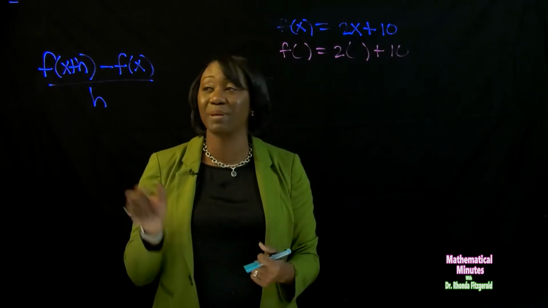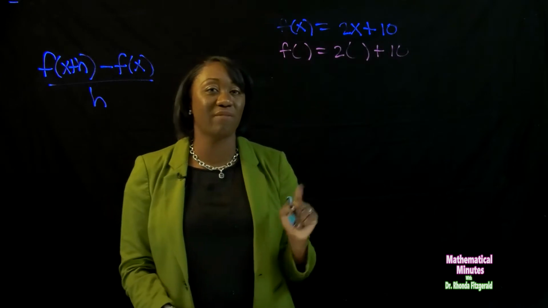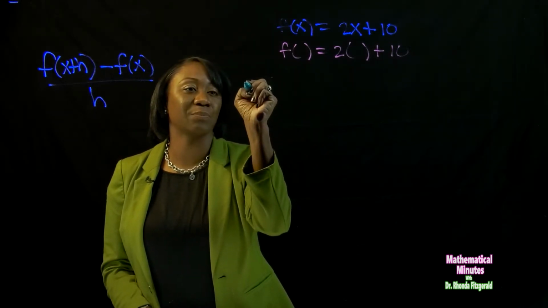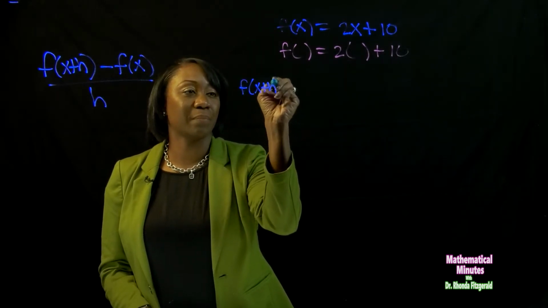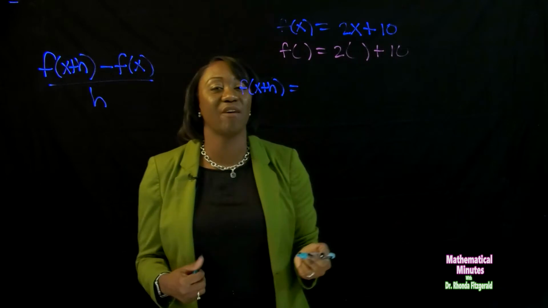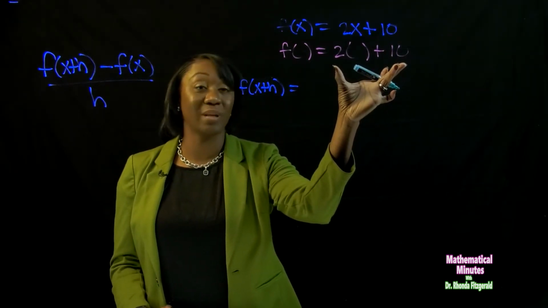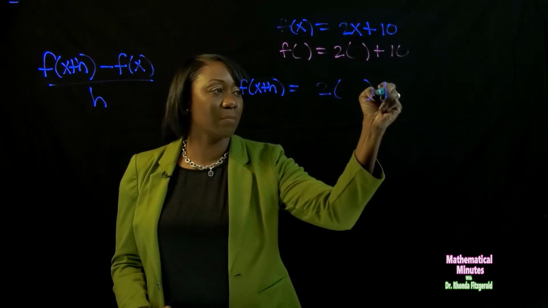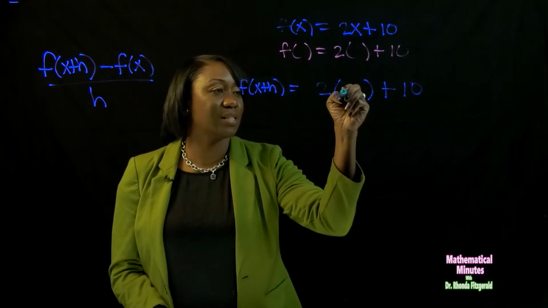So the very first piece that I'm going to find is my f of x plus h. That's going to be my very first step. All right, we're going to break this down and simplify it. So how do I find f of x plus h? Well, I'm just going to write down 2 blank plus 10. And here, plug in x plus h in my parentheses.